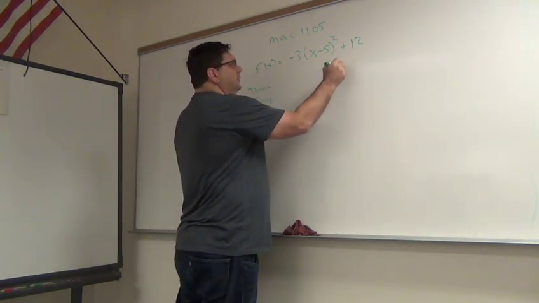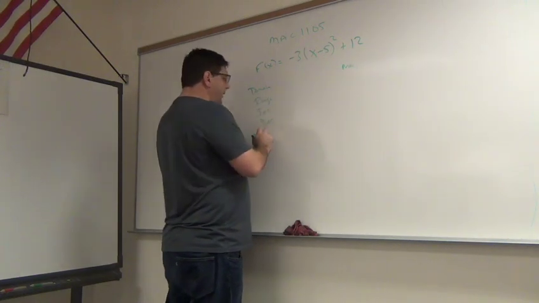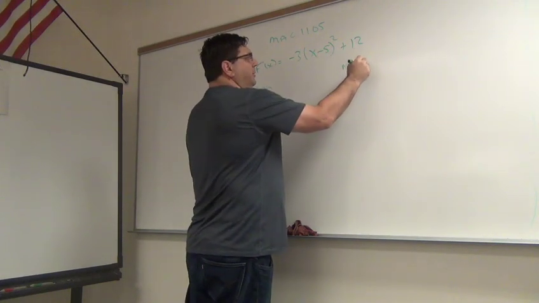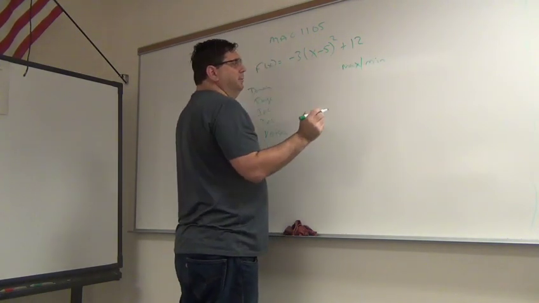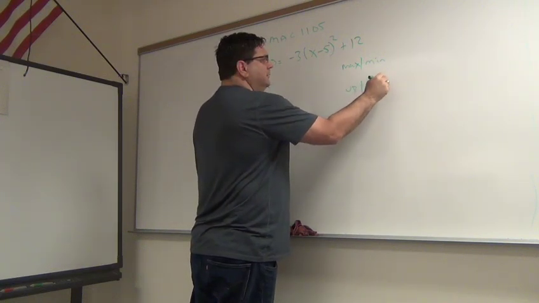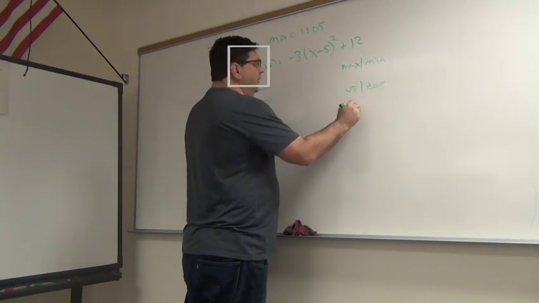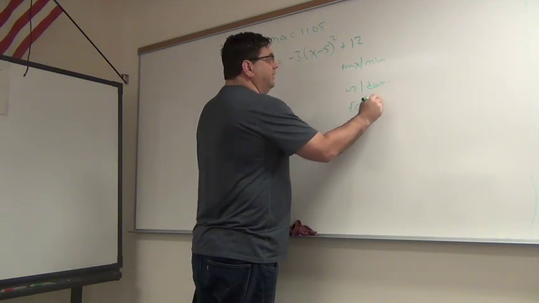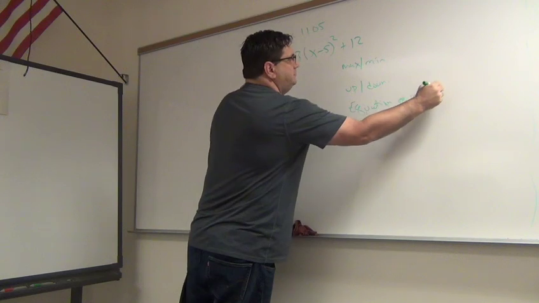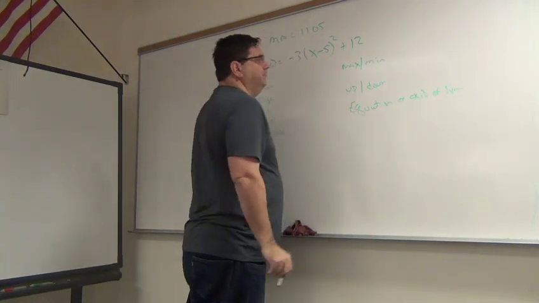Let's find the vertex. Let's determine whether that vertex is a maximum point or a minimum point. Let's determine whether the graph is concave up or down. You know what? Let's go ahead and do all of it. Let's go equation of the axis of symmetry. You know what?